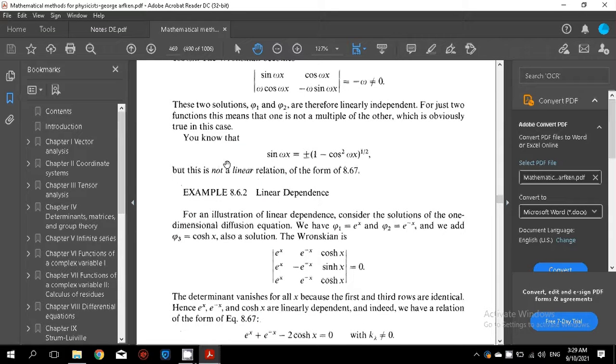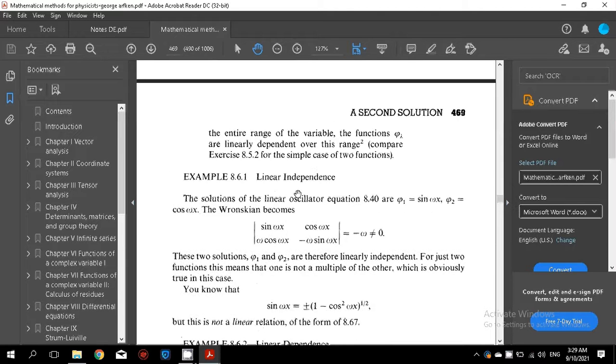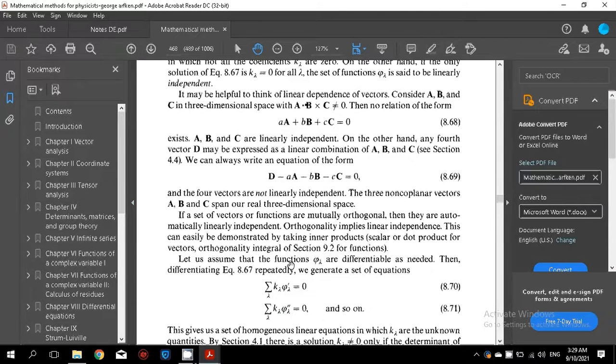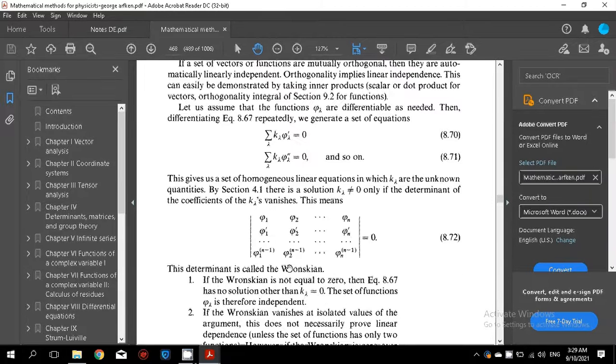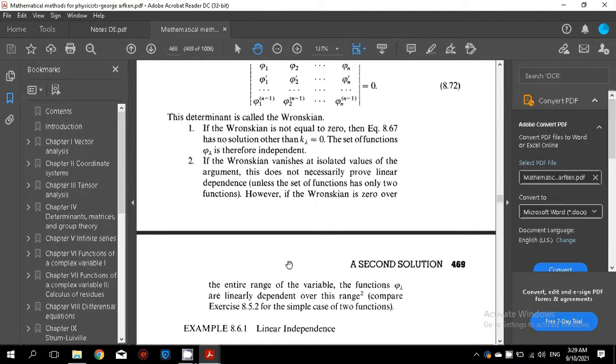Okay, so this is the topic, linear dependence.